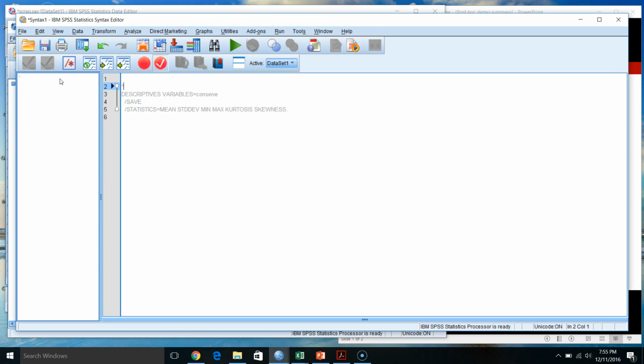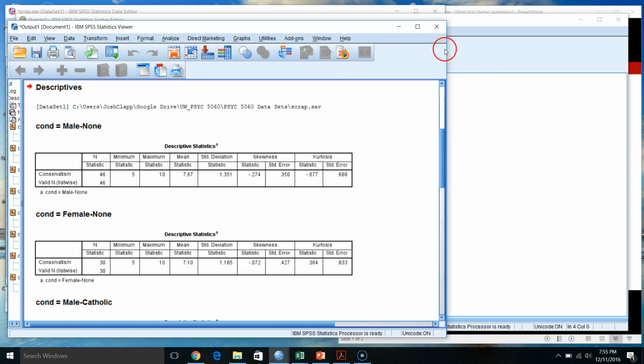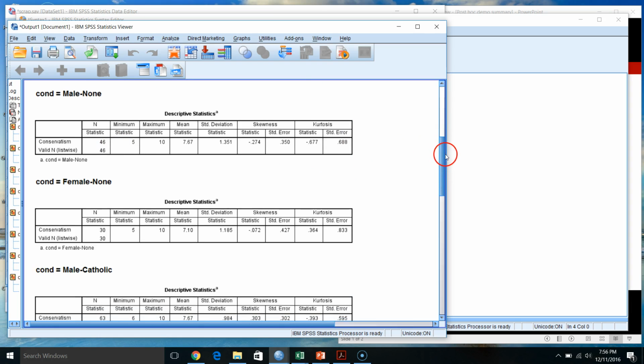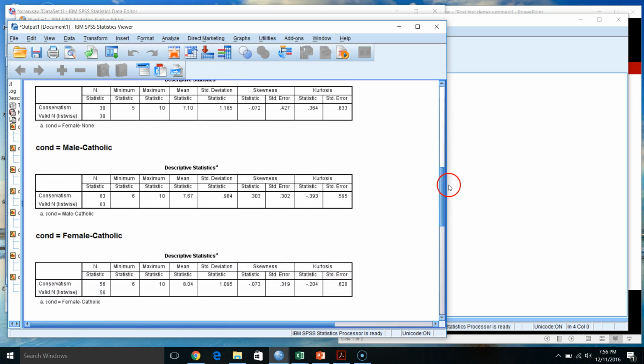So again, if you want to label these, that's usually helpful. We'll identify this as screening. Okay, go through, take a look at our initial screening stuff. So this looks good. Everything's within plausible values. Skew kurtosis looks fine. All of this is looking okay.